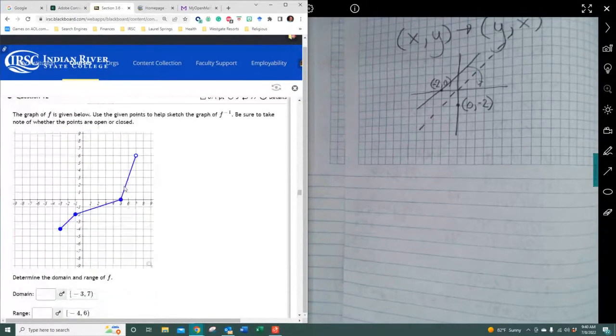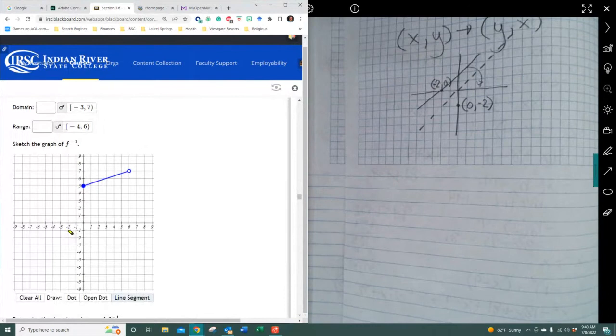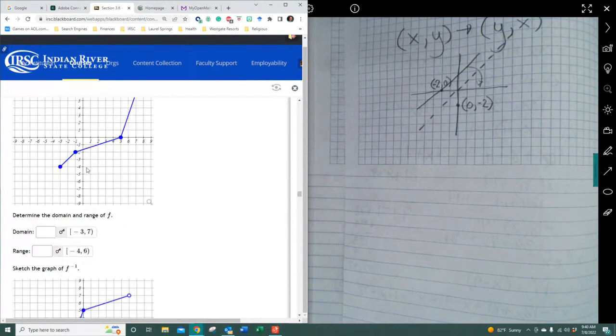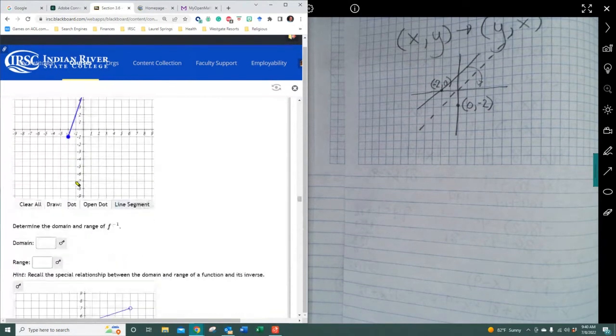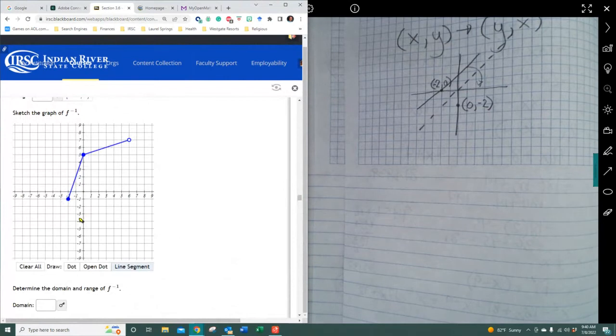So right here, the next one, that being -1, -2, I'm going to switch to -2, -1, put that here, put a line segment from here to there, and then I'm going to switch the coordinate point from -3, -4 to -4, -3.